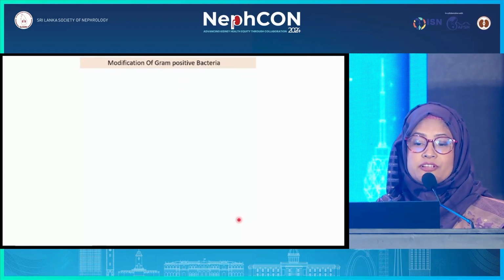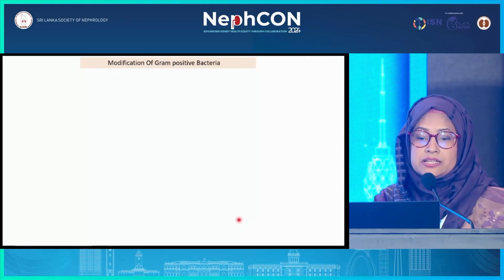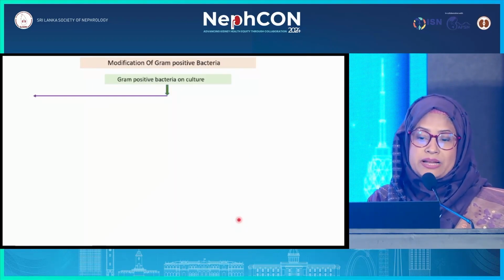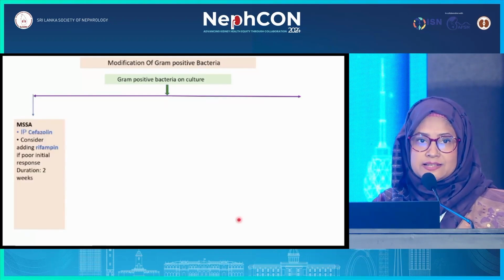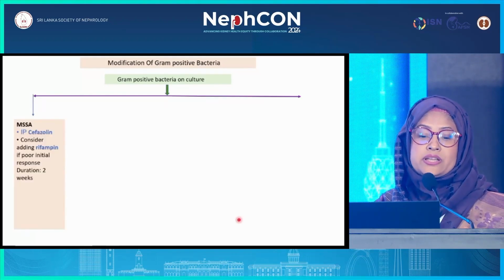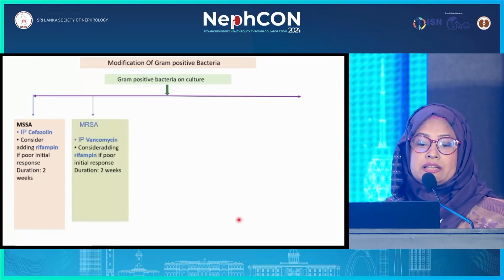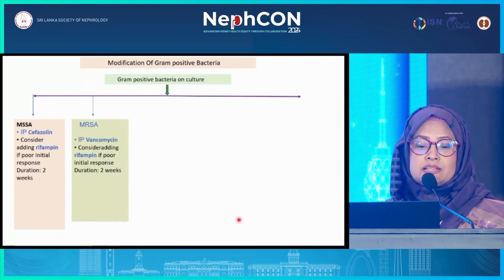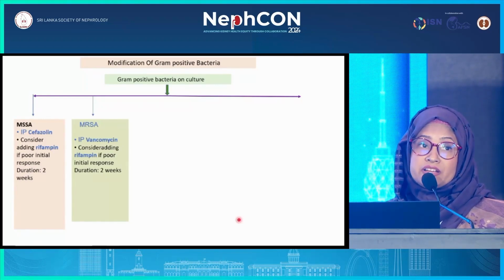What are the modifications in this recent guideline about gram-positive bacteria? In case of methicillin-sensitive Staphylococcus aureus, we can give IP cefazolin, and in MRSA, IP vancomycin. If there is a poor response, we should consider adding rifampin, but be careful about rifampicin in TB prevalent areas.